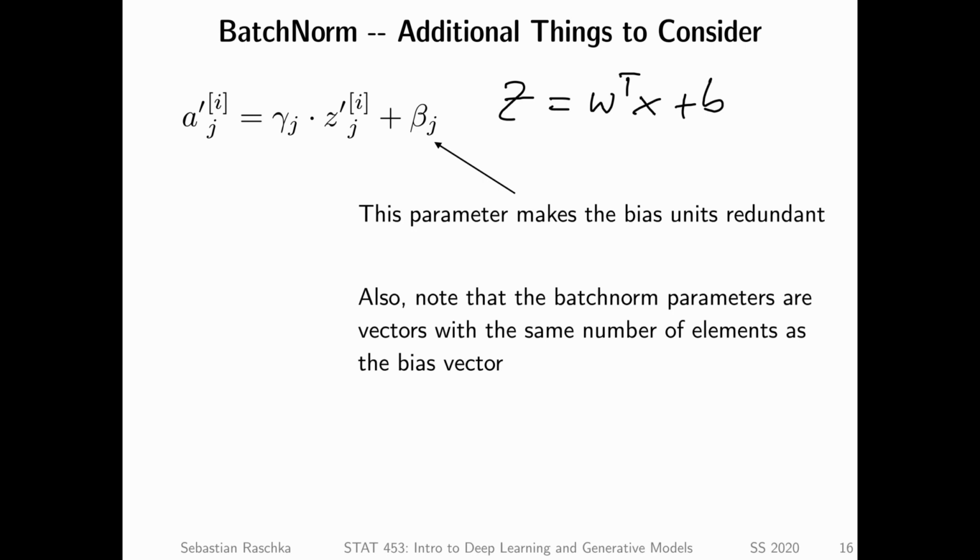And if we have this beta term, it's just like adding two constants. It's not really useful in that way. So we really don't need this bias value here. It's kind of redundant. If we build multi-layer perceptrons with batch norm, we usually don't use bias units because it's just wasteful, not useful.